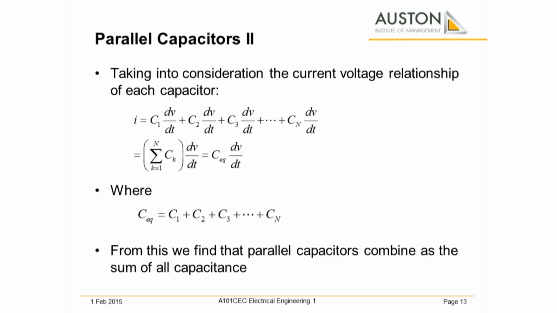Thus, if we have three capacitors in parallel, the total capacitance is C1 plus C2 plus C3, where C1, C2, and C3 are the capacitances of capacitors 1, 2, and 3.